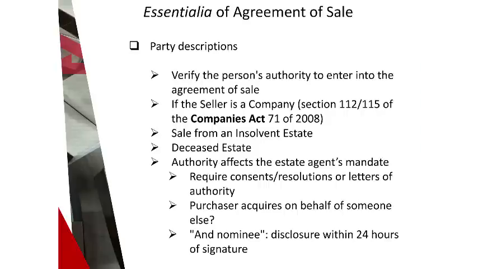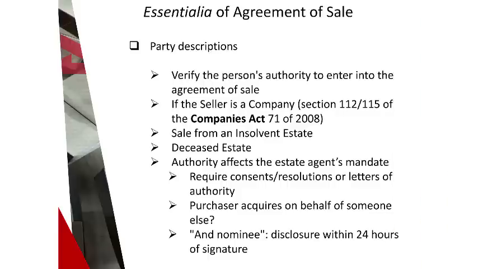Another important resolution with regards to companies is your 112 resolution. If the asset that's being sold is the sole asset of that company, then you require a Section 112 resolution by the shareholders of that company. Then, in the case of deceased estates or insolvent estates or even persons who've been placed under curatorship, those executors need letters of authority from the master.